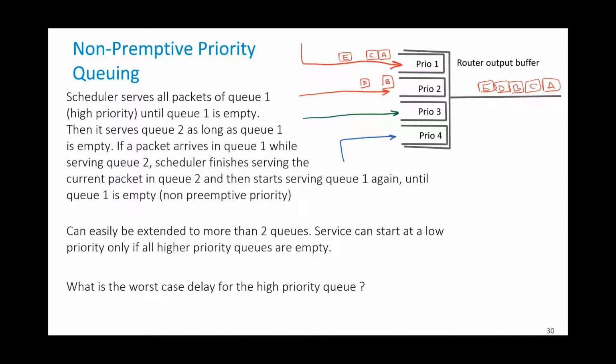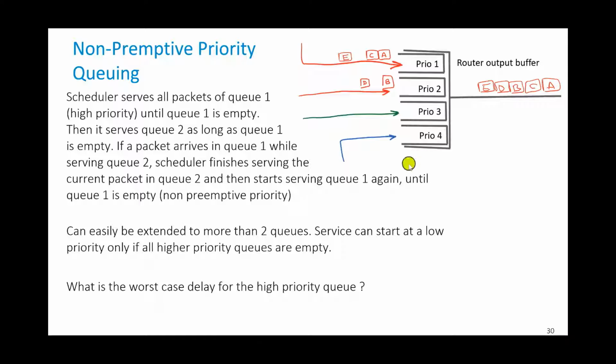If there is a packet to serve, it serves it. Only if there is nothing to serve in priority 1, when the server asks the question, which packet should I serve, only then it will visit priority 2. If there is something in priority 2, it will send it, etc. So priority 4 will be served only in cases where the server has nothing to do, then visits all these, the 3 queues are empty, and then priority 4 will be served.